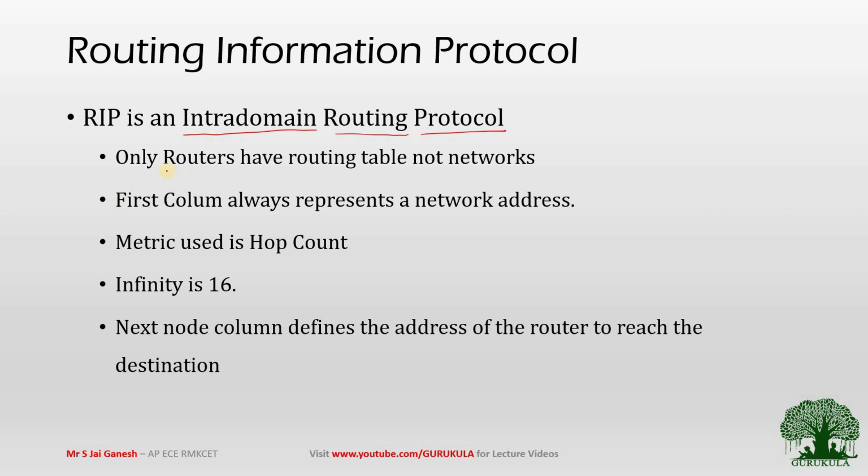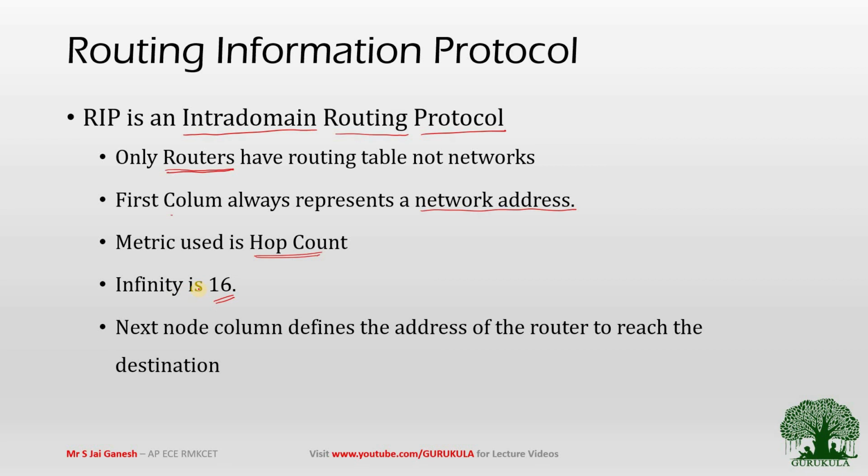And coming to the considerations, we need to keep in mind that only the routers will have the routing table, not the networks. The first column always represents the network address, because the destination is always the network where we are going to send packets and not the routers. The metric we used in our discussion is the hop count, and infinity is 16.